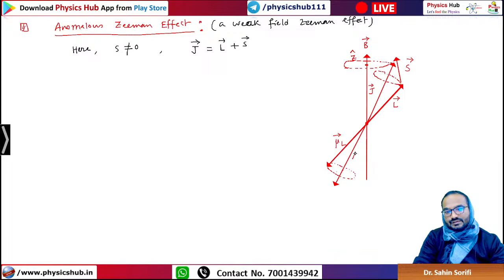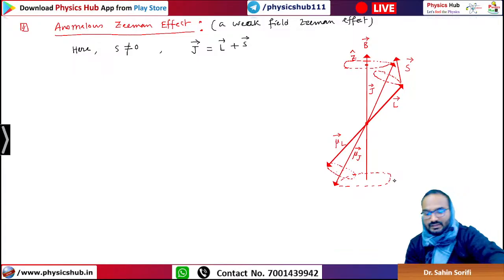This is mu J, and as J is precessing about B, mu J will also precess about B. My drawing is not perfect, but I think that is sufficient to make you understand what is happening.